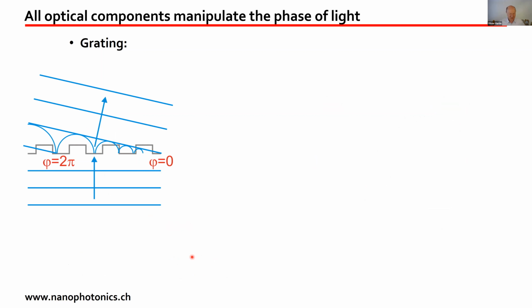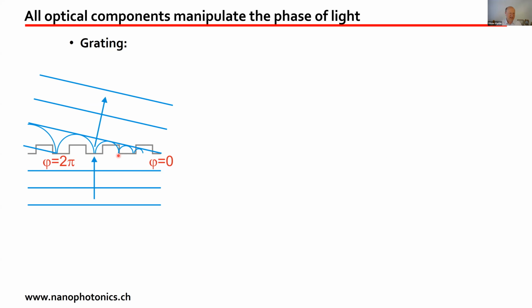And as you do a lot of microscopy, I hope you're easy to convince about that, because pretty much any optical component works with the phase. If you look at a grating, it will take the incident light and make it go in another direction. It means that if we look at the phase front, as the phase front arrives here on the surface, at this point, nothing happens. The phase is the same.